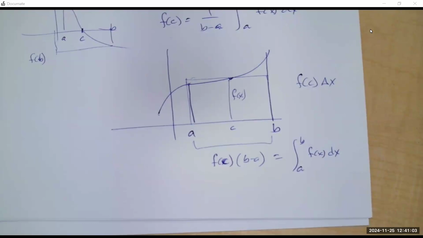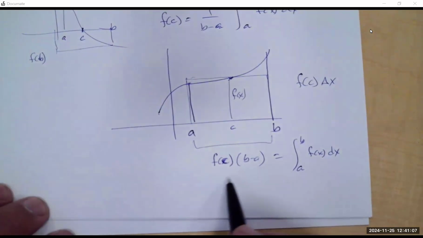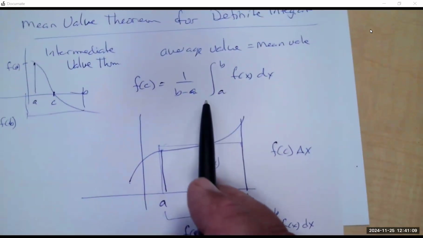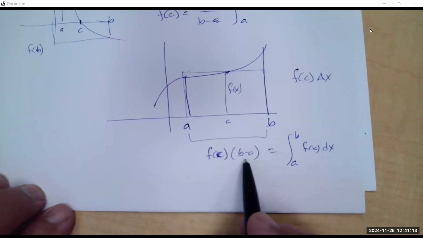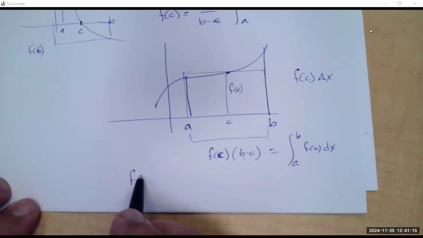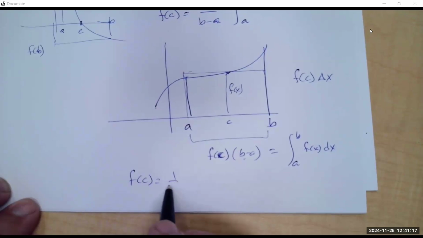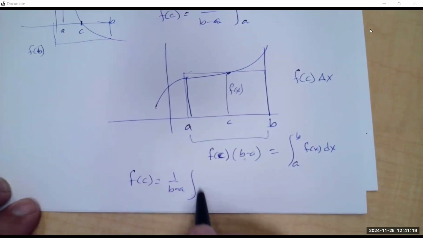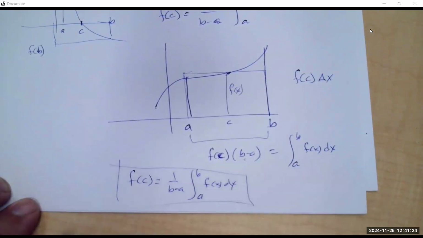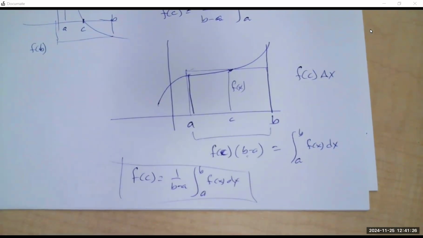But if we look at it one step further, how does this equation relate to this? If I divide both sides by b minus a, I get the average value theorem.